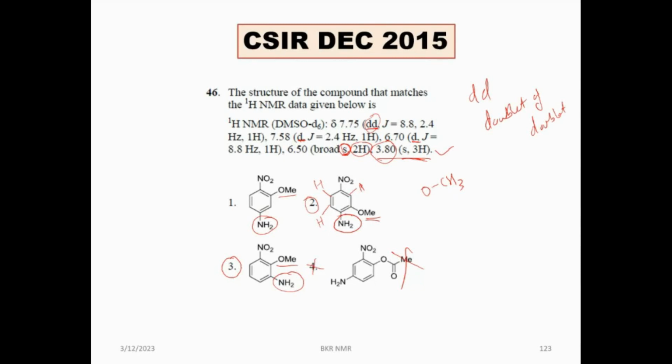Now you can see that the coupling constant value 8.8, 2.4. You have here 2.4, here you have 8.8. சரியா? So இப்ப நீங்க எப்படி சொன்னீங்க இது? So this is hydrogen, hydrogen, hydrogen.